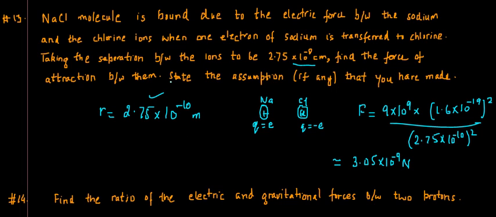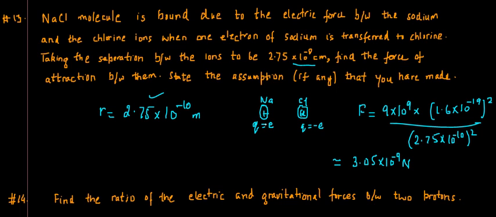Okay, it says state the assumption, if any, that you have made. Well, the assumption is that the sodium and chlorine ions act as point charges, even though in reality sodium and chlorine ions are not point charges.